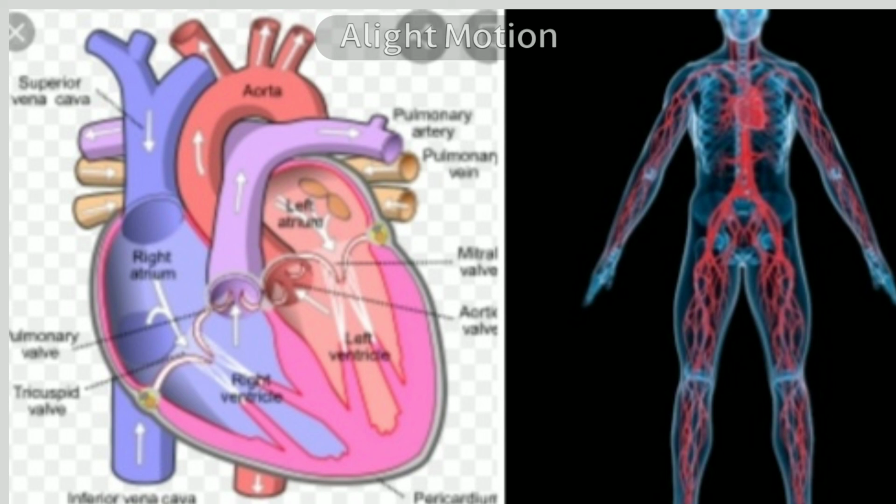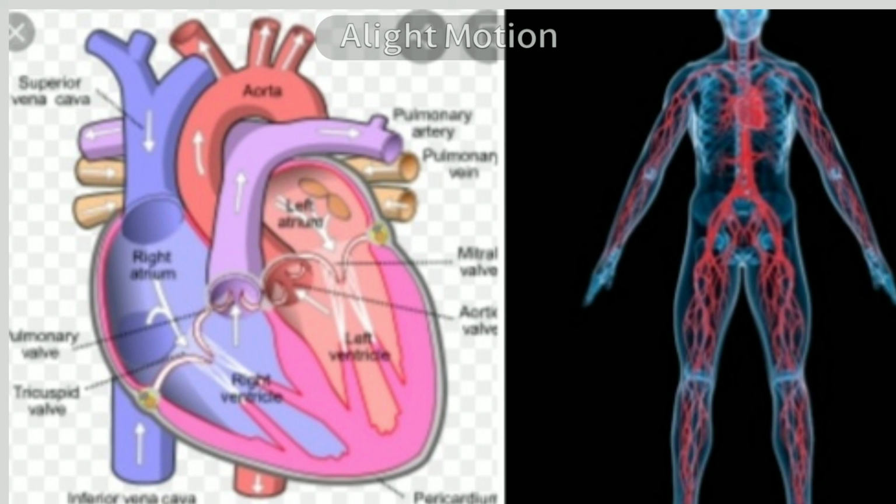Very, very fine blood vessels they are. They are in between the arteries and the veins. Exchange of material between the blood and surrounding cells takes place across this thin wall. The capillaries then join together to form veins. They convey the blood away from the organ or tissue back to the heart.